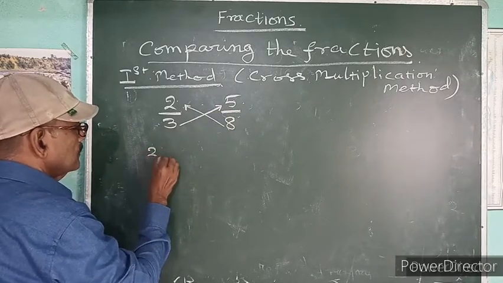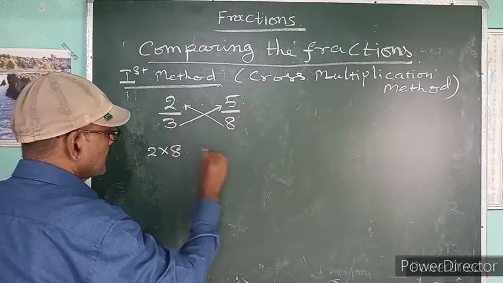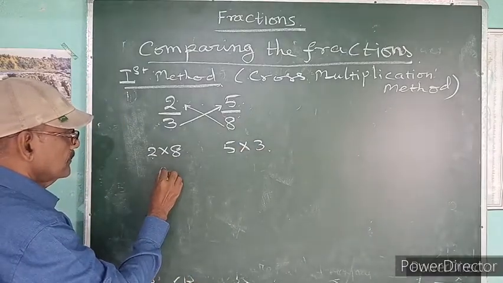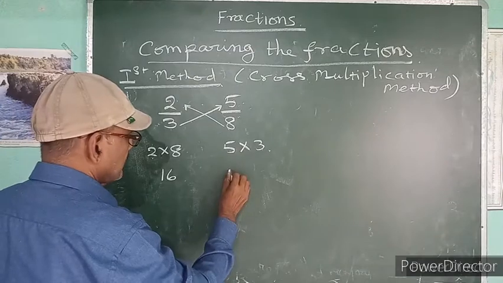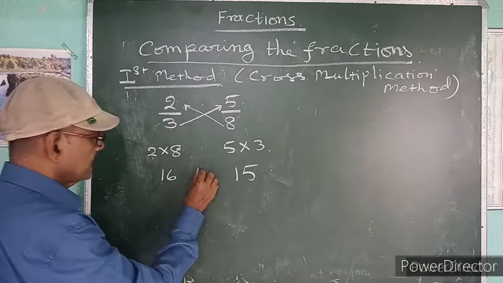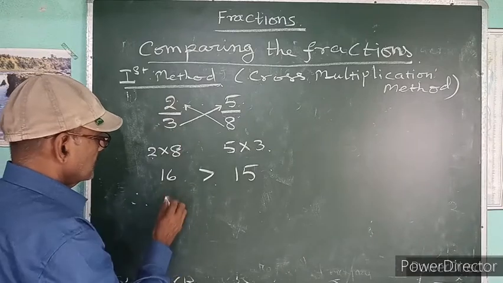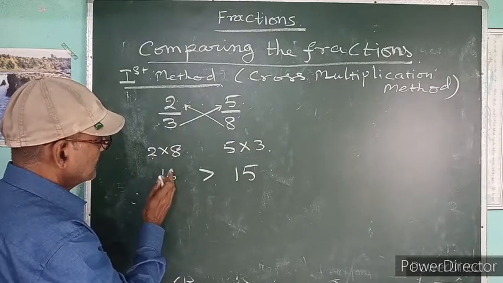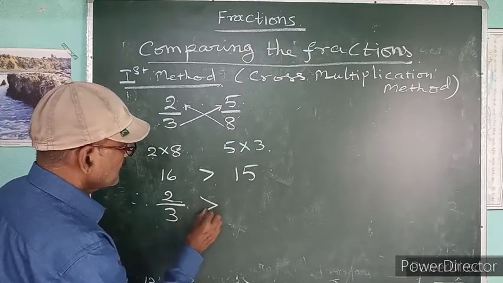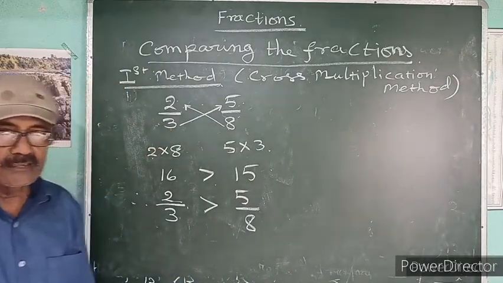So we write here 2 into 8 and here 5 into 3. 2 eights are 16 and 5 threes are 15. We say 16 is greater than 15. Therefore, 2 by 3, that is on the left hand side, the fraction 2 by 3 will be greater than 5 by 8. This is one method.